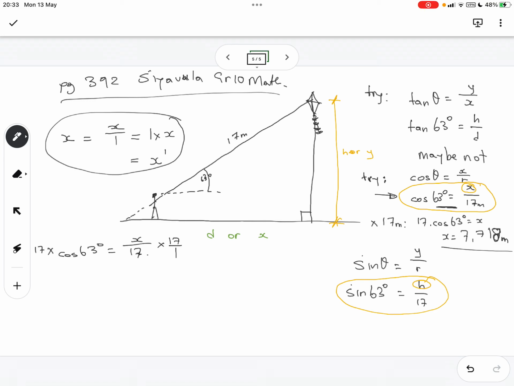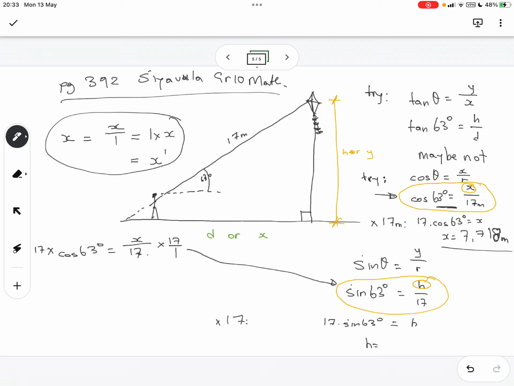But they are basic tools that allow us to manipulate equations to our advantage so that we can solve these same equations. Nevertheless, this same procedure, I'm applying it there, and I'm going to multiply both sides by 17. So I'm using a multiplicative inverse such that 17 times sine of 63 equals h.